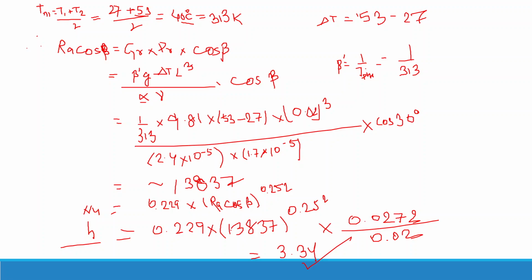Okay. So please go through, make the same steps. Otherwise, you can change the values also, and then you can approach this question.